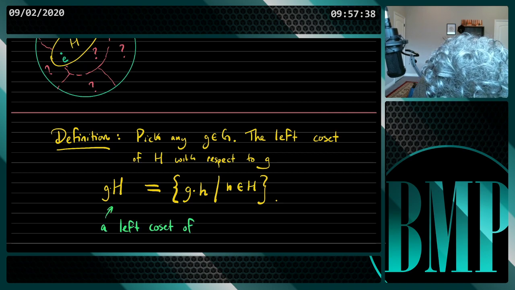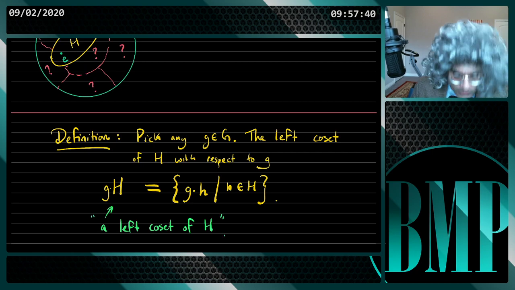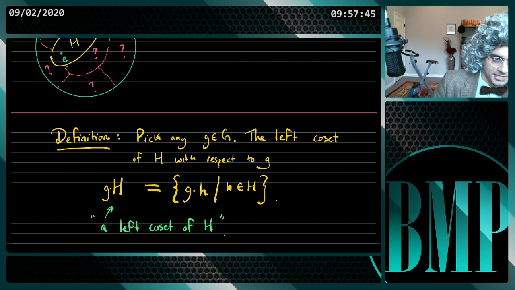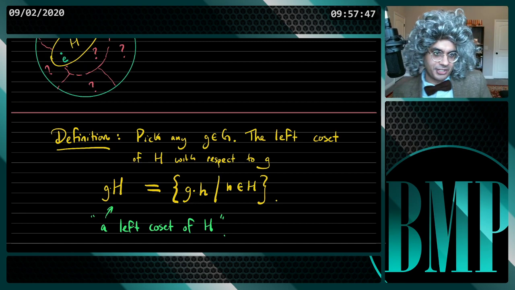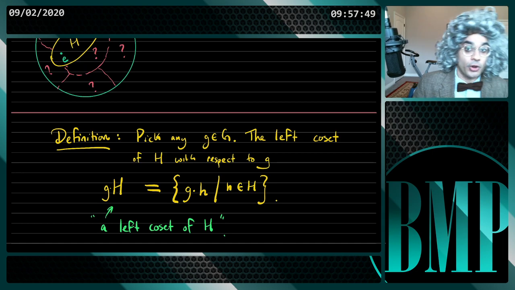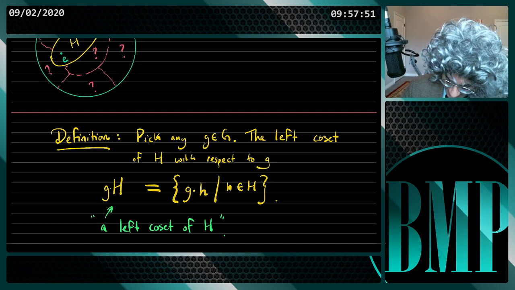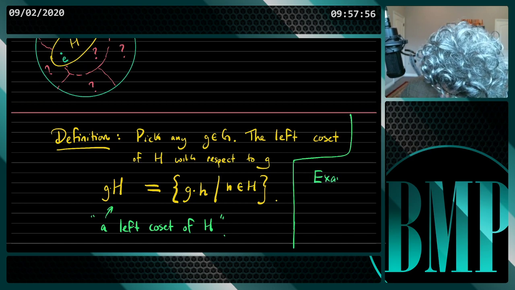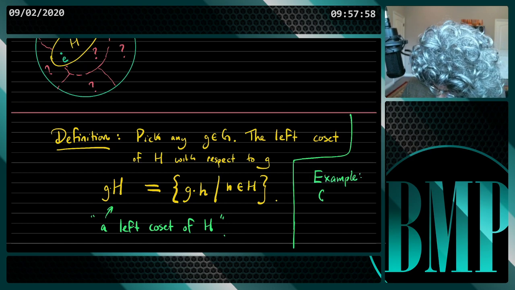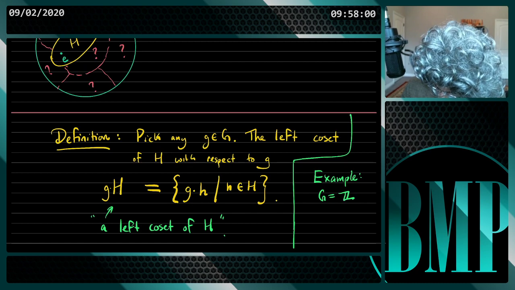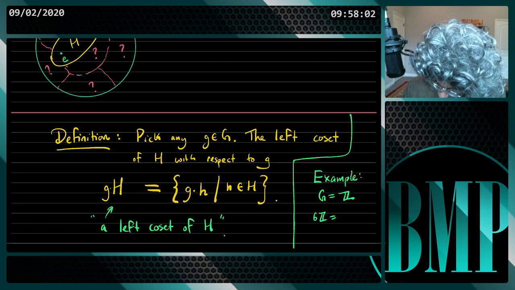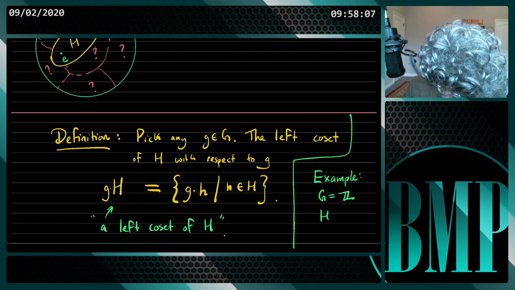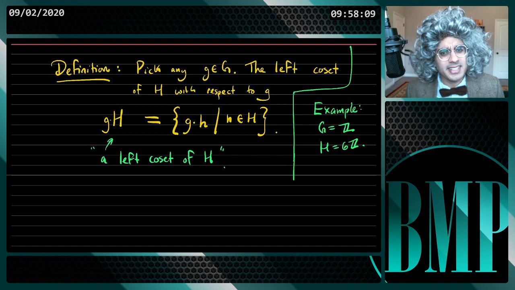For this lecture, I'm going to call it a left coset. It's g on the left times H. Okay? So, example. Let's do an example. It's great. Example is good. So we've got our group G, and we've got our subgroup of only the multiples of 6. Okay? So let's draw this.